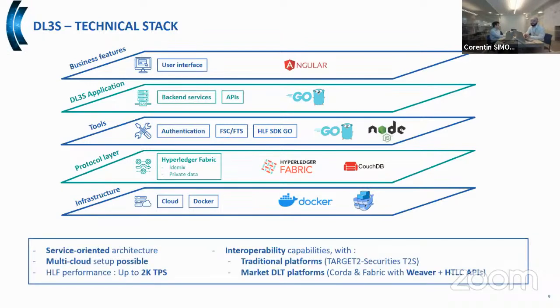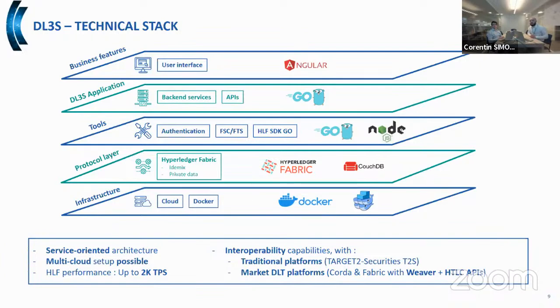So as I already mentioned, it's a service-oriented architecture with a multi-cloud setup that is possible. We've done some performance testing, but it's more focused on HLF, not DL3S as a whole. It's up to 2K TPS, so a pretty good number, at least for the protocol layer part.